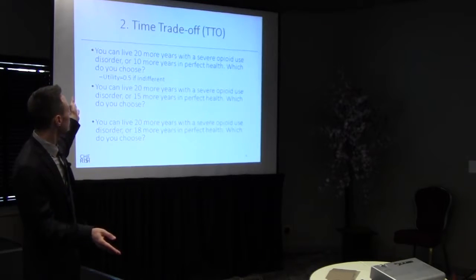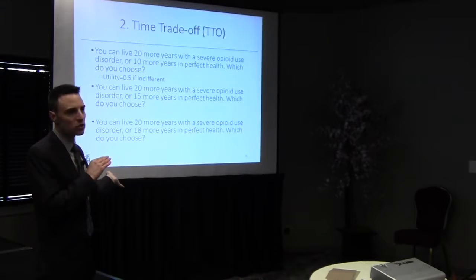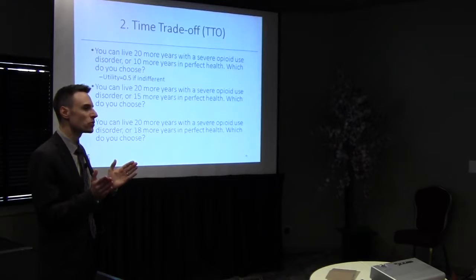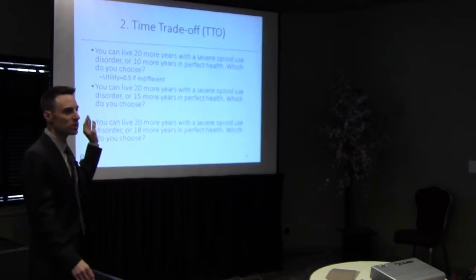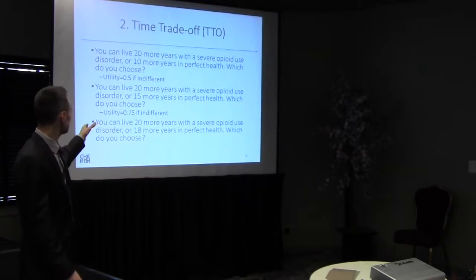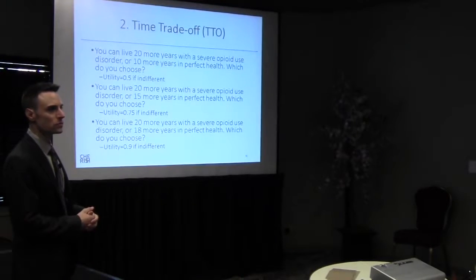Okay, so if they say, well, I'm indifferent to 10 years in perfect health versus 20 years with a severe opioid use disorder, then we would say for that individual that their utility would be 0.5, okay, on a scale of 0 to 1. For the second, 0.75, and for the third, 0.9.